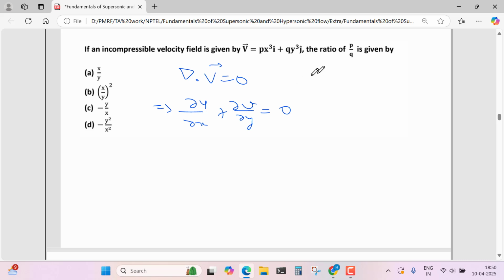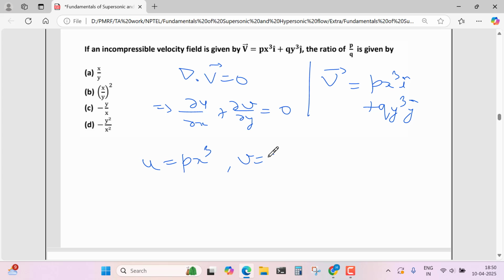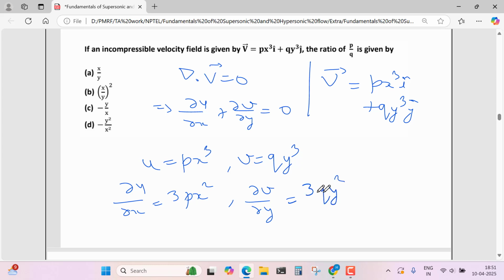In the above problem, it is given v vector equal to p x cube i cap plus q y cube j cap. So here u equal to p x cube and v equal to q y cube. So dou u by dou x will be 3p x square and dou v by dou y will be 3q y square.